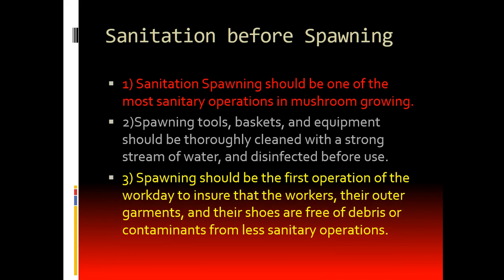Spawning should be the first operation of the work day. Ensure that the workers' outer garments and their shoes are free from debris or mostly mites. Mites may badly affect mushroom production. Contaminants come from less sanitary operations.